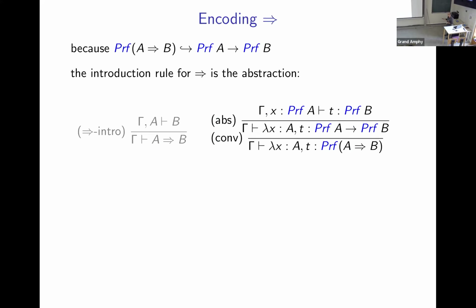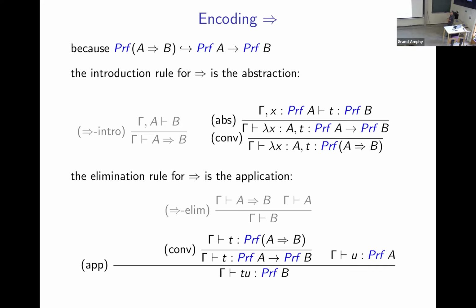If we do a translation, the premise is this one: assuming that we have a proof x of A, and a proof t of B, then we can form the abstraction, and we get a proof of A → Proof B. And by using the type conversion rule, rewriting, we get that this abstraction is indeed also a proof of A ⇒ B. And we can do the same thing for elimination.